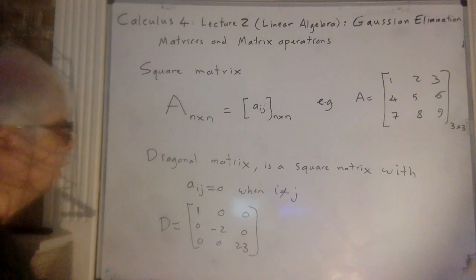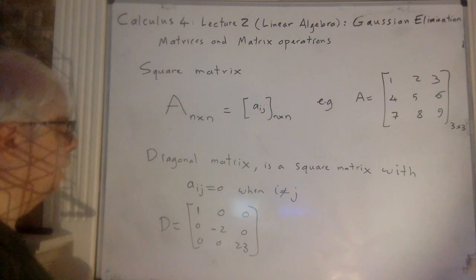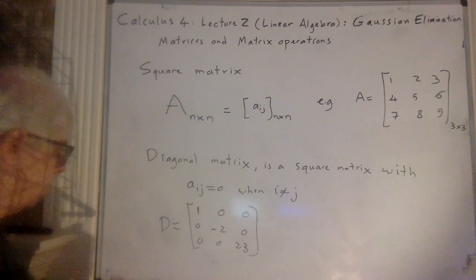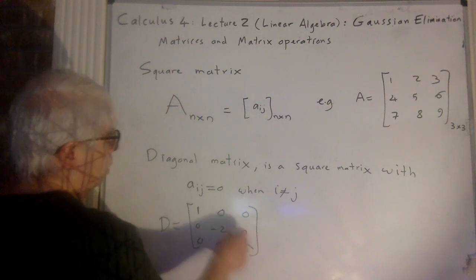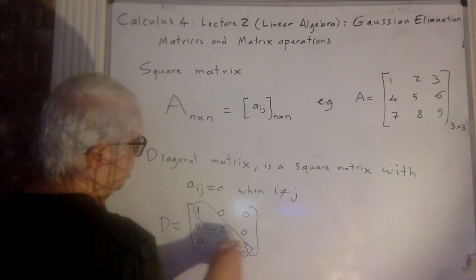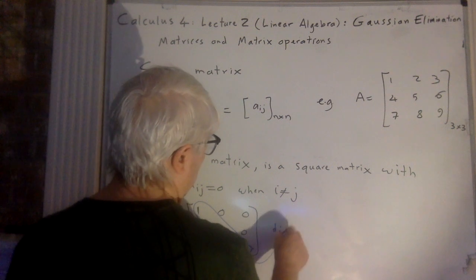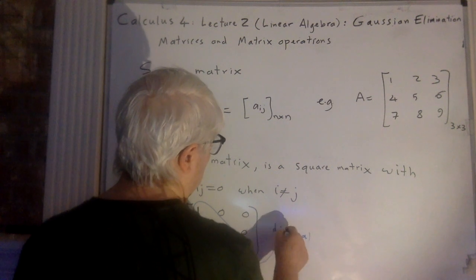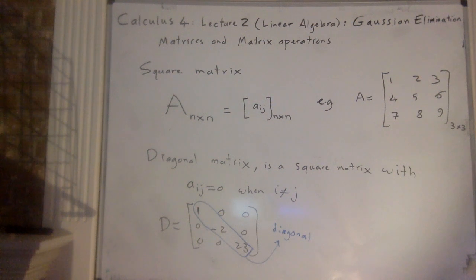So that is a diagonal matrix. Everything is 0 except entries in the diagonal. So this is called the diagonal. And diagonal makes sense when we have a square matrix, right? If we have a square matrix, we can talk about its diagonal and diagonal terms, and we will see that these are important.